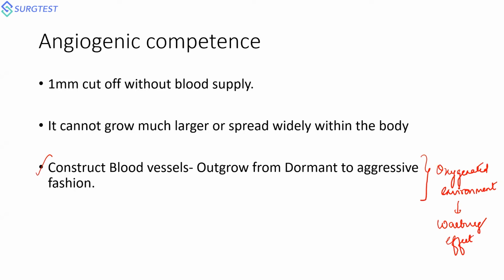So for that, the cancer cells will have to achieve their need by redirecting the local blood supply towards themselves, or constructing new blood vessels by themselves. How do they construct new blood vessels? They elaborate growth factors called VEGF and VEGFR. The receptor and the growth factor are both elaborated in the tissue microenvironment.